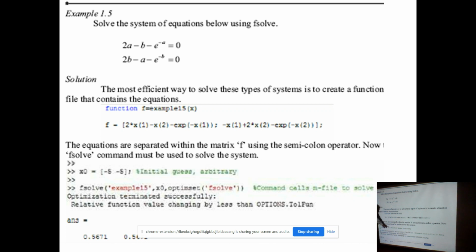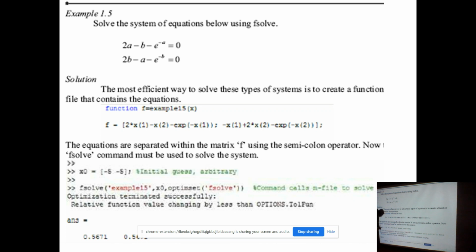Now open another M file. Write fsolve, because you have to use fsolve. What is the function name? Example 1.5, in single quotes, comma, the guess, because for fsolve, for iterations to run, I have to give a starting value. So the starting value is x naught.